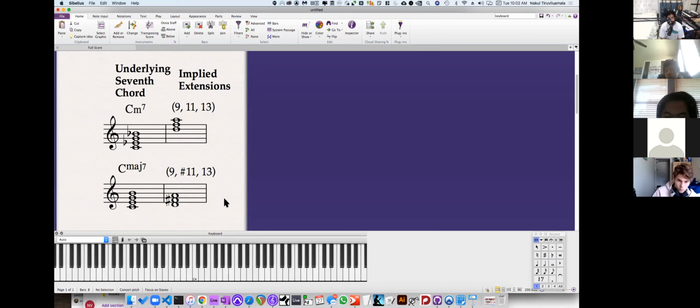So when you're performing, if you're improvising and you see this chord symbol, the available implied extensions that you can play are the 9, the sharp 11, and the 13. So these are available to you.